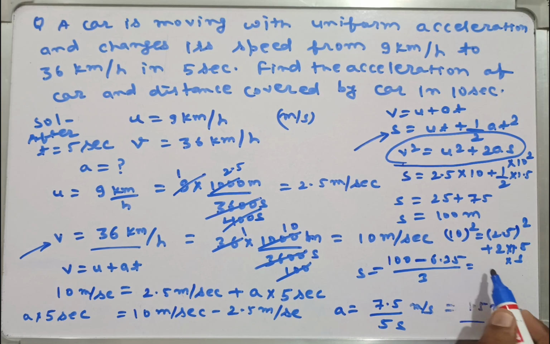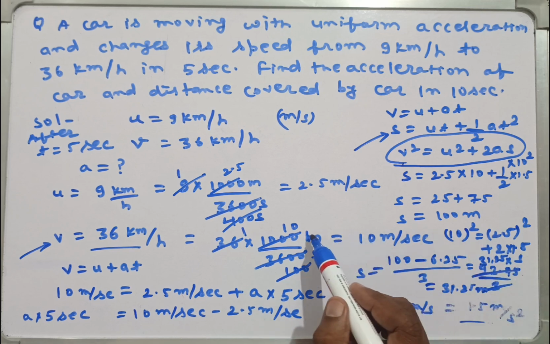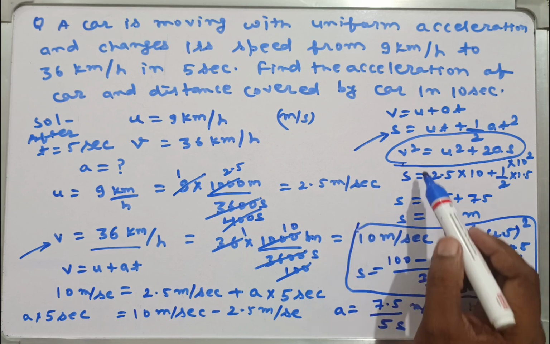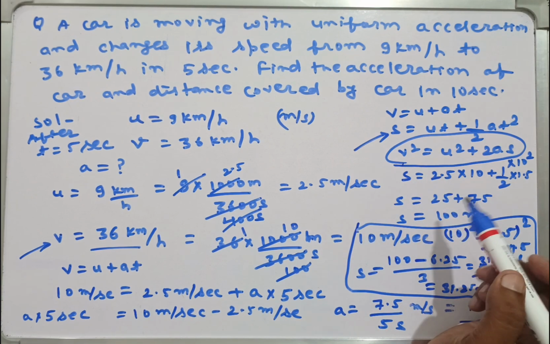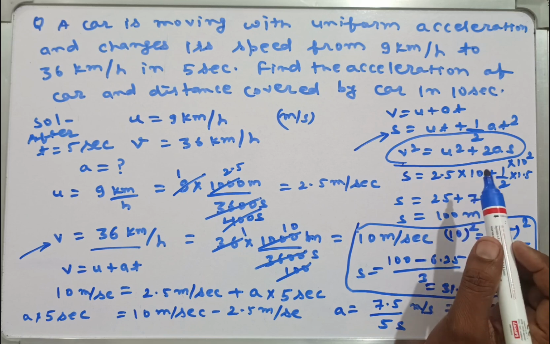So s will come 93.75 divided by 3, finally it will come 31.25. So what mistake did we make in solving with this formula? Guys, we made a mistake here.